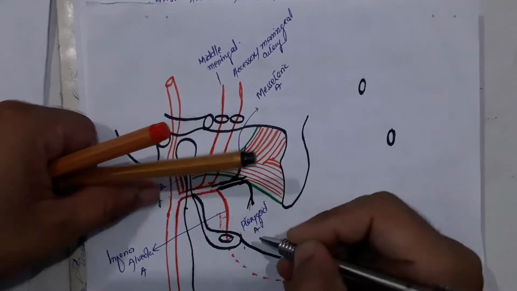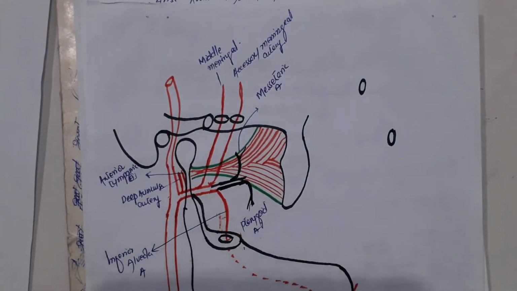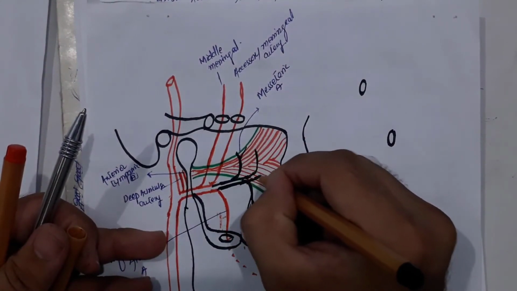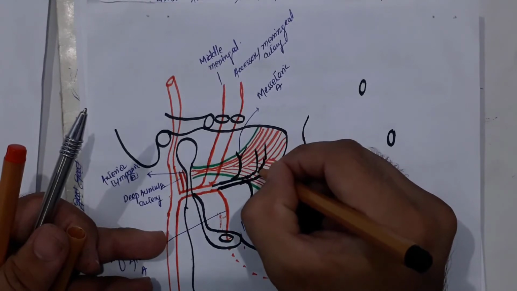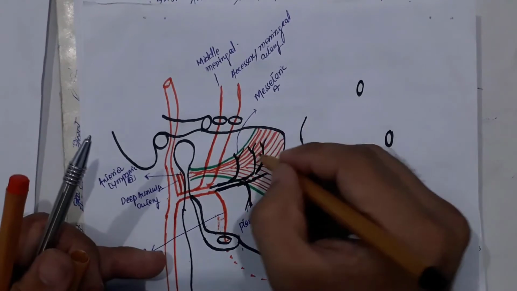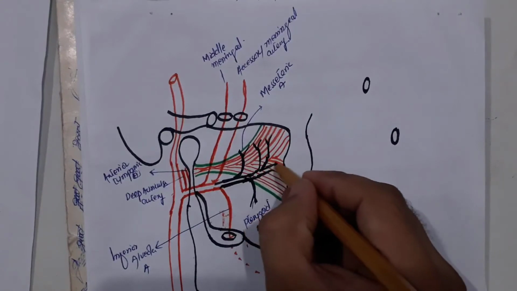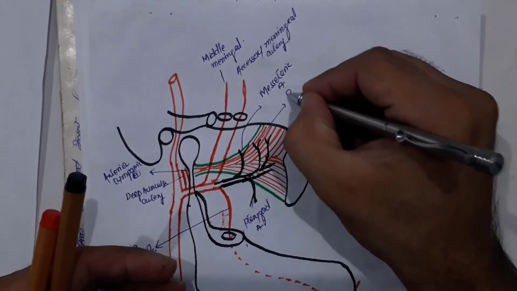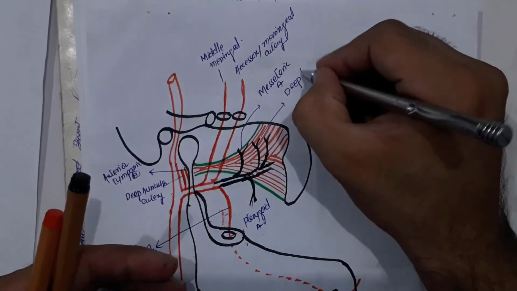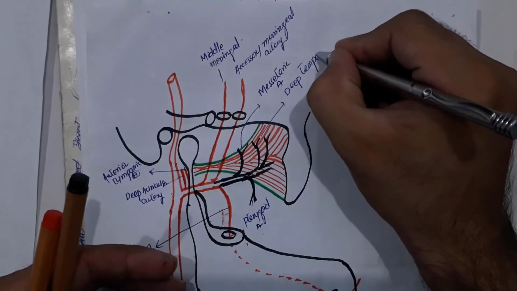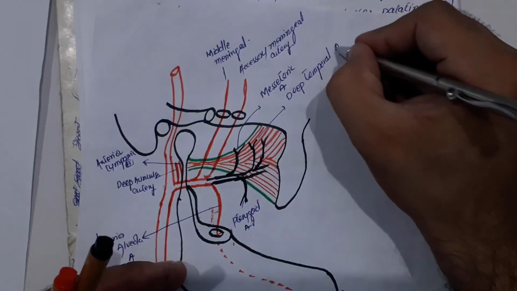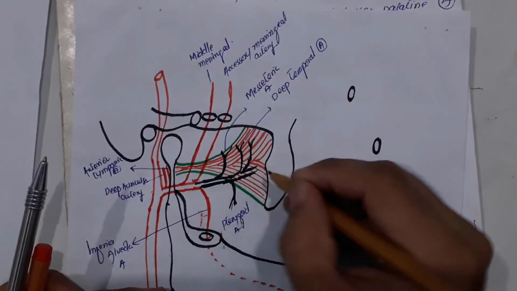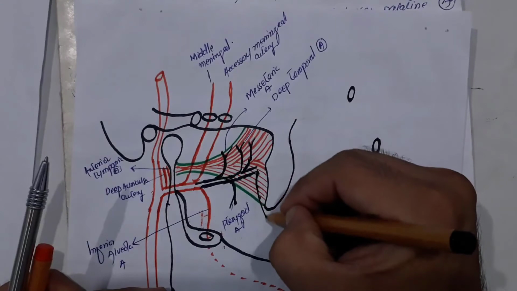And from here there were further two small branches, and these were the deep temporal arteries, right friends? And then there was another big branch, as you can see here.